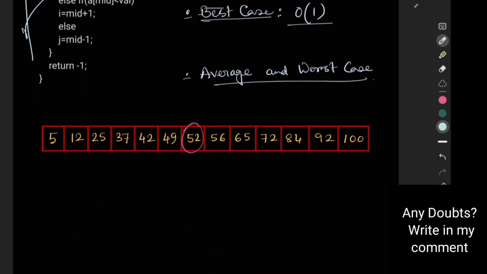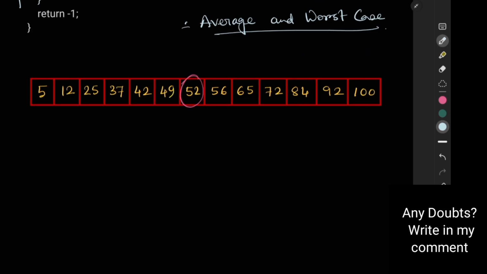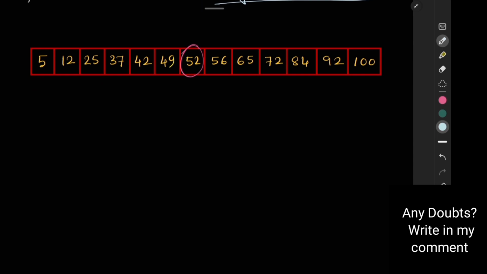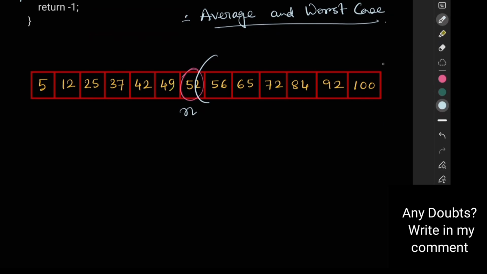So now let's come to the average and worst case scenario. Average and worst case scenario means the value can be found at any index. So if there are a total of n elements, here we can see we have to divide the array into two halves, then two halves, in that manner.